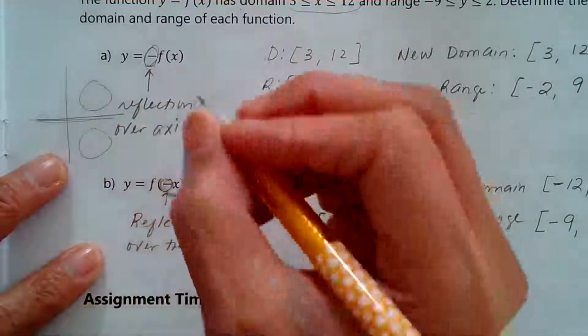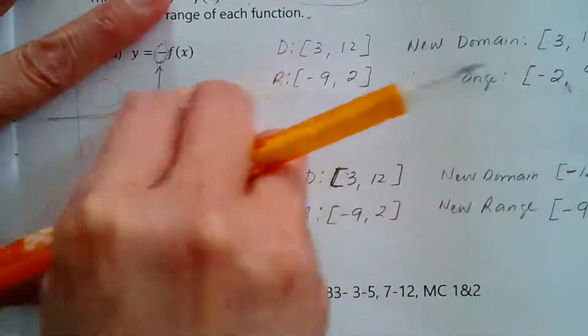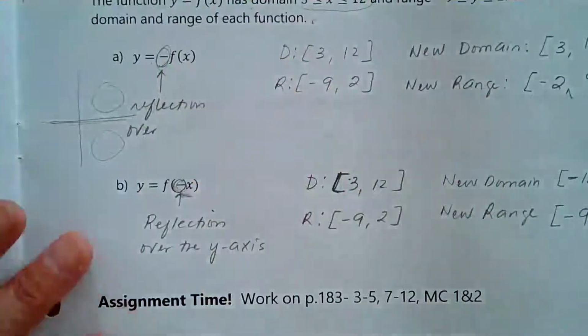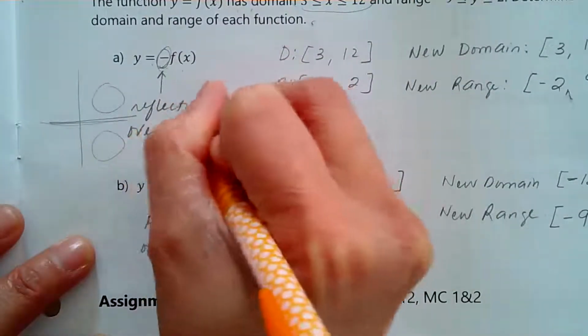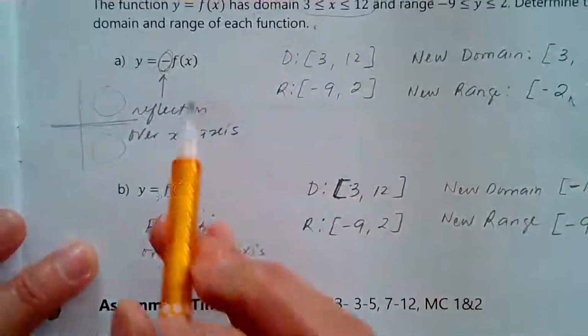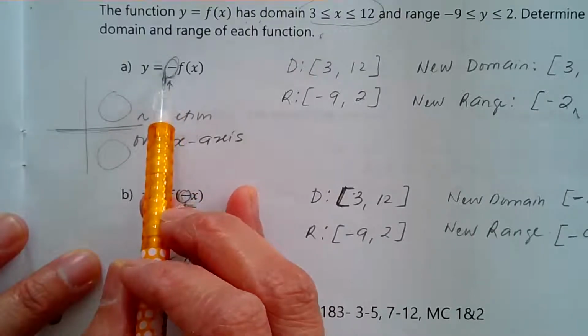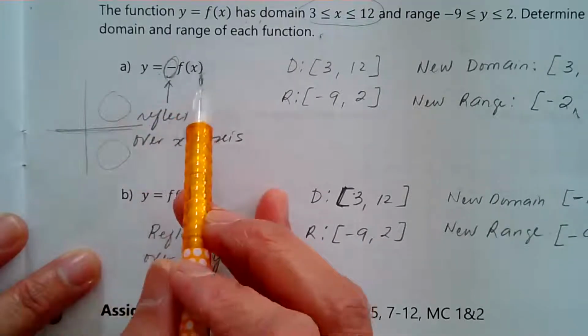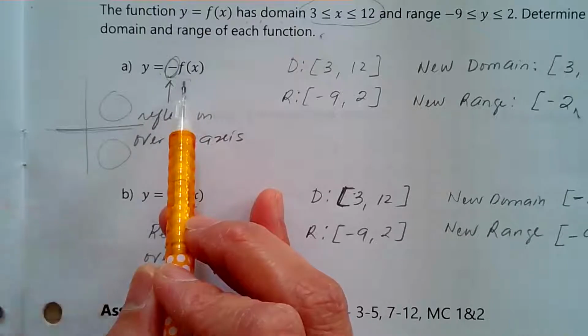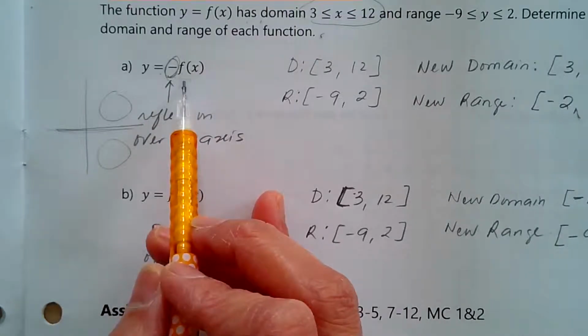Okay, reflection over the x-axis. I forgot to put the x here. I'm pretty sure you put that in already. Okay, I'm going to go back to this one. Negative is multiplied with f of x. Well, what's f of x again? Those are the y values, right?